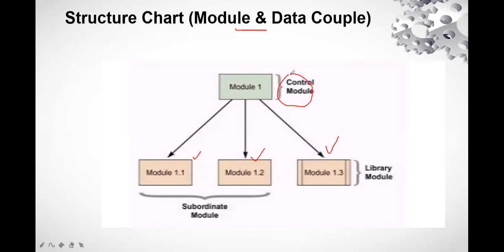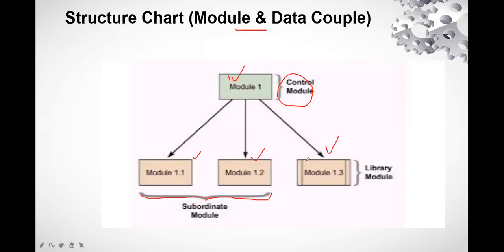Why is it called the control module? Because it has the main branch line with the help of which it is divided into subordinate modules. These are called subordinate modules because they are decomposed from this particular control module. That means the control of these modules can be invoked from here.